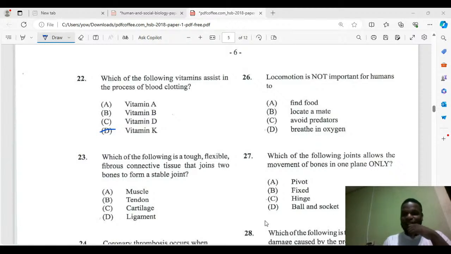So we are saying it is D, ligament. Because ligament join bone to bone. Right? What tendon join? What tendon join again? Tendon join what?